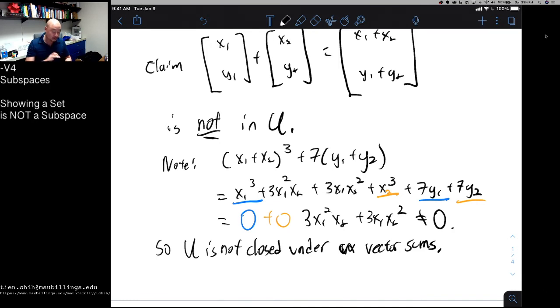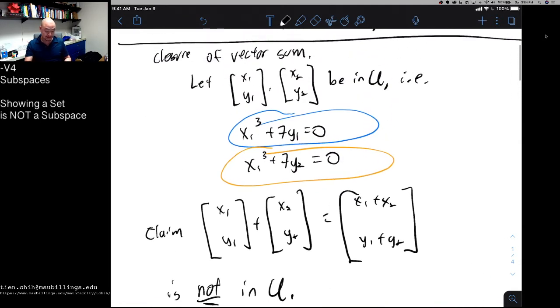Now, you don't have to go through all of this work. One thing you could also try is to see what happens to specific examples. If you just found an (x1, y1) and (x2, y2) that live in U, but whose sum doesn't live in U, that will be good enough as well.